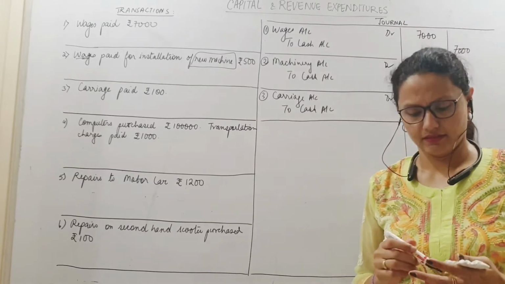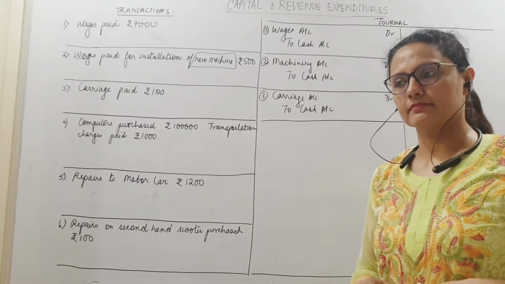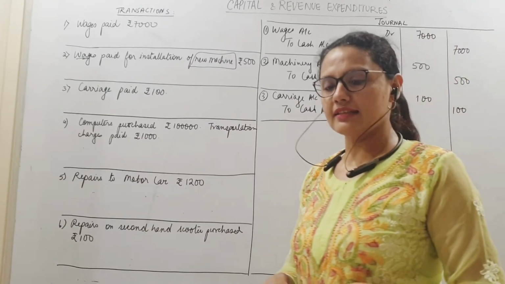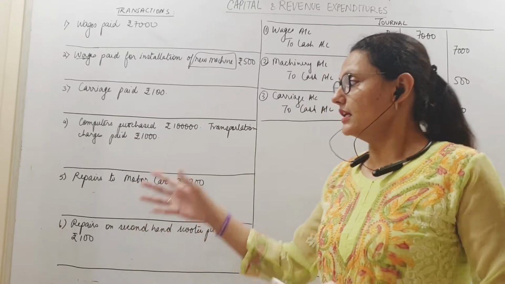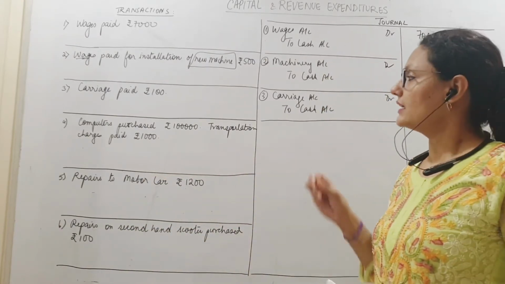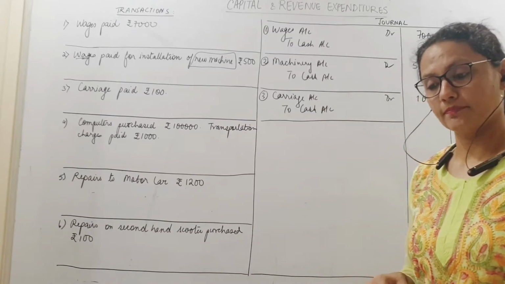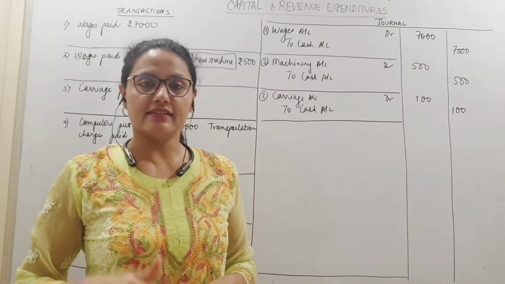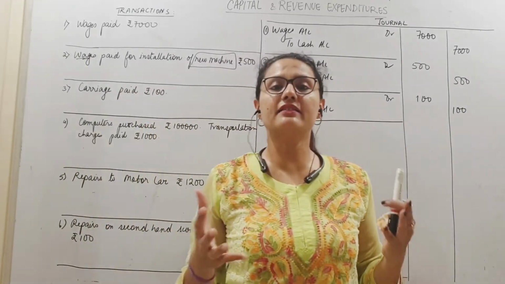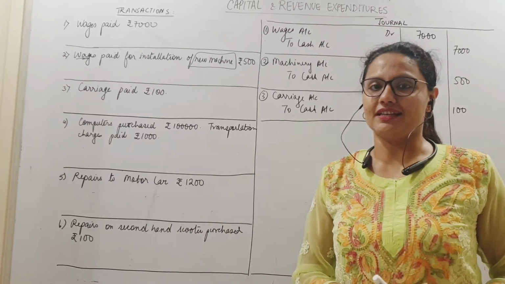Fine. Next one. Computers purchased, 1 lakh. What are computers? Assets, yes. We'll be using them for a number of years, right? Computers purchased 1 lakh, transportation charges paid 1,000 on it. When you are purchasing an asset, if you have spent something to bring it to your premises, that is a part of the cost of the asset.